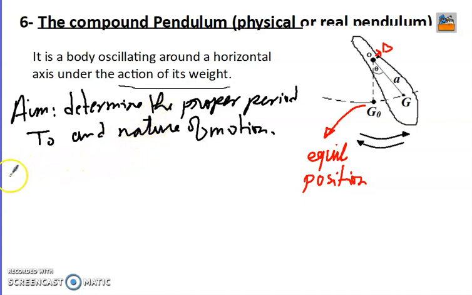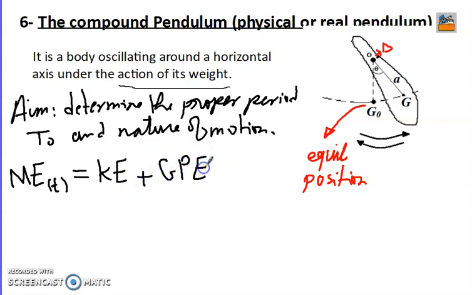Let's start. So, first let me write the mechanical energy of this system at any time. You know that it is kinetic energy plus gravitational potential energy. Now, kinetic energy at any time is half I theta prime squared. Don't forget this. Why? Because we have a rigid body in rotation.